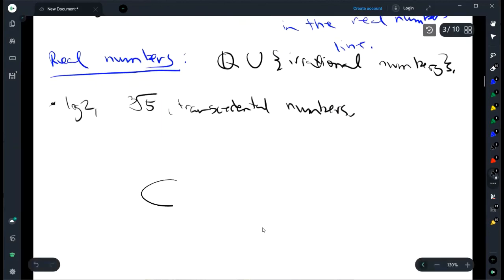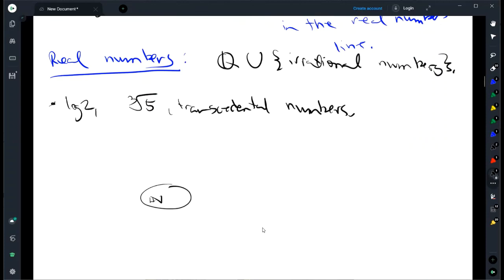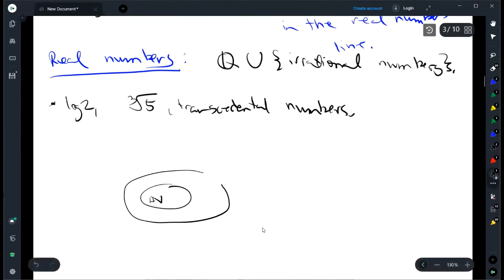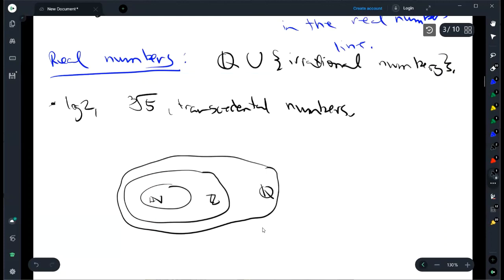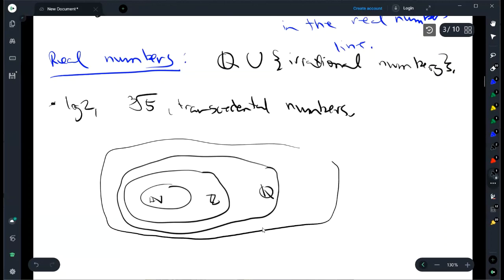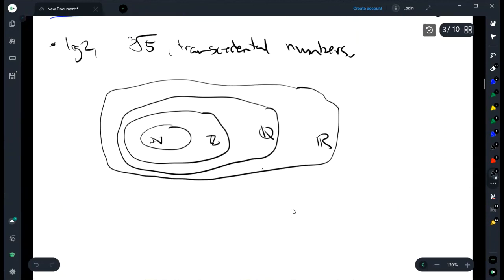So from the previous description, we can have this following Venn diagram. First we have this smaller set of natural numbers, and this is contained in this larger set, which is the set of integers, and in turn, the set of integers is contained in the next larger set, which is the set of rational numbers, and in turn, the set of rational numbers is contained in this larger set of real numbers.